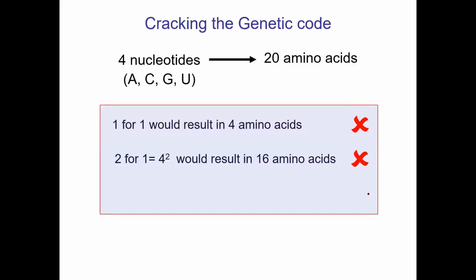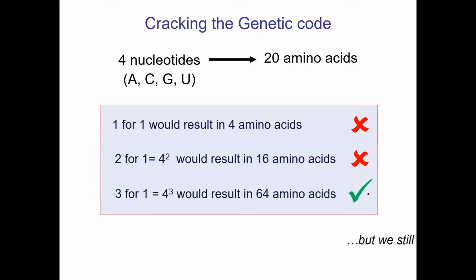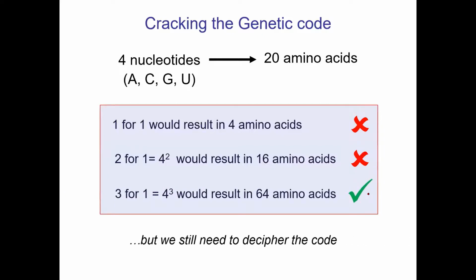So they figured that you probably need 3 bases. And 3 bases actually codes for more than enough. That gives us 64 possibilities in theory. We only need 20, but they figured it had to do with a triplet of bases to figure out the genetic code.